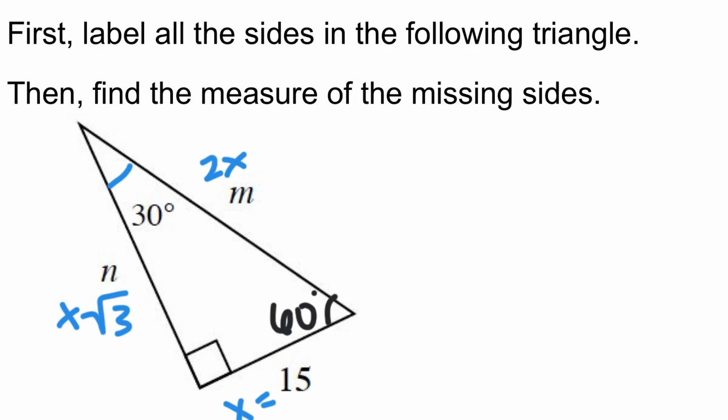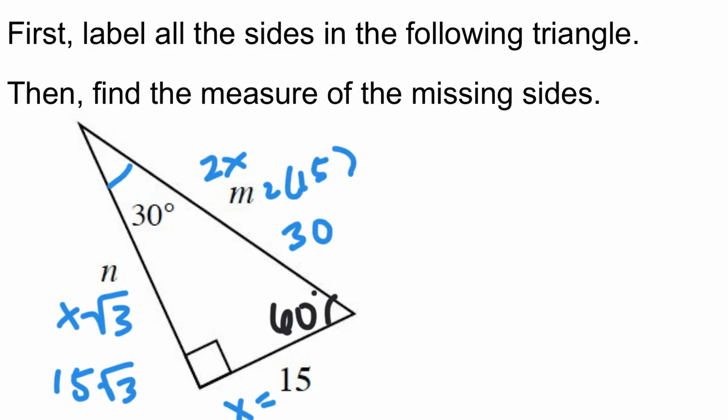Now, how does this help us solve this? Well, if I know x equals 15, then you just substitute in that 15, so you get 15 square root of 3. And this side over here, what's 2 times 15? Probably already got it, it's 30.